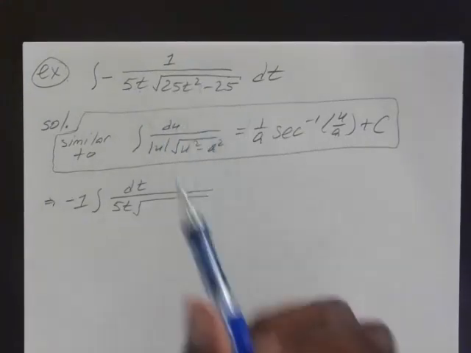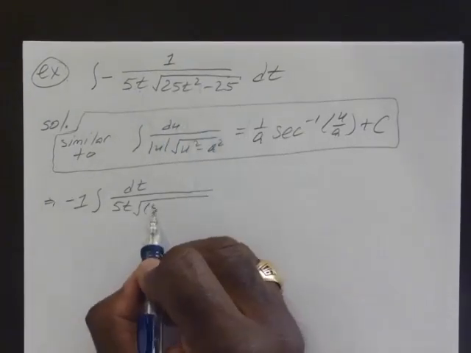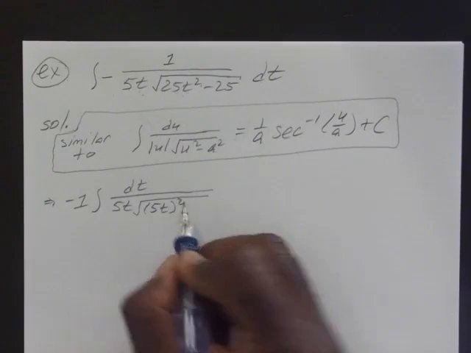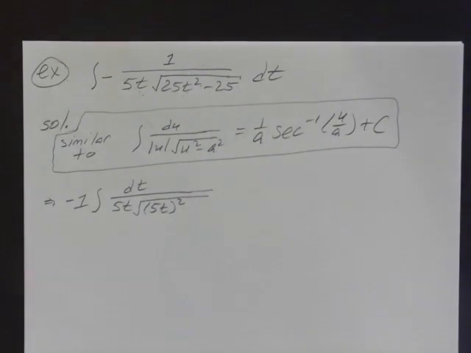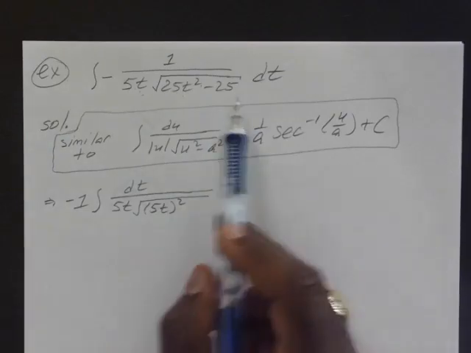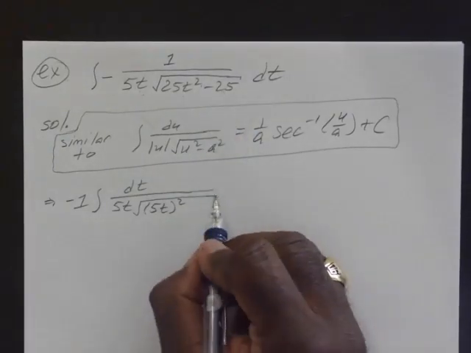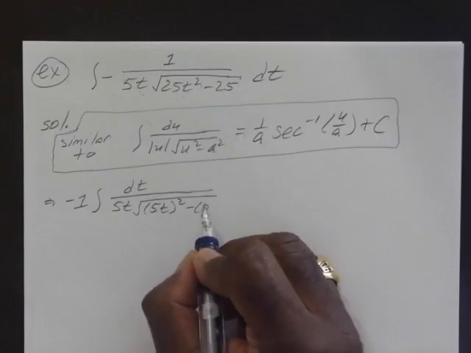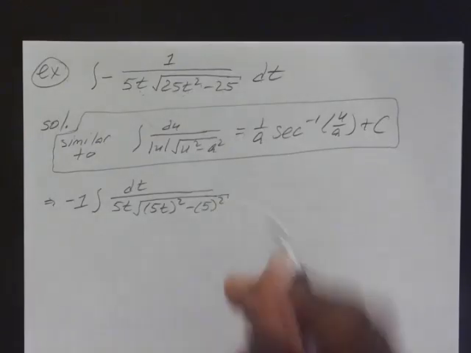That 25t squared, we can just rewrite that as 5t squared. And that minus 25, we can just rewrite that as minus 5 squared.